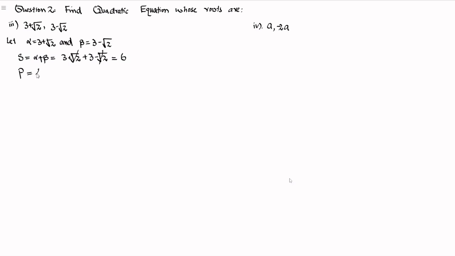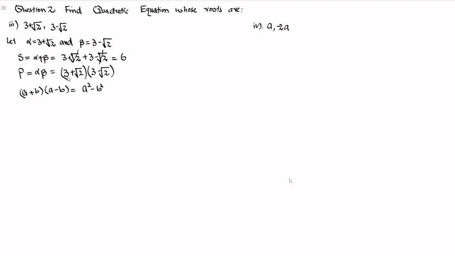Now the product of the roots, which is alpha beta, is equal to 3 plus under root 2 times 3 minus under root 2. Now we know that a plus b into a minus b is equal to a square minus b square.